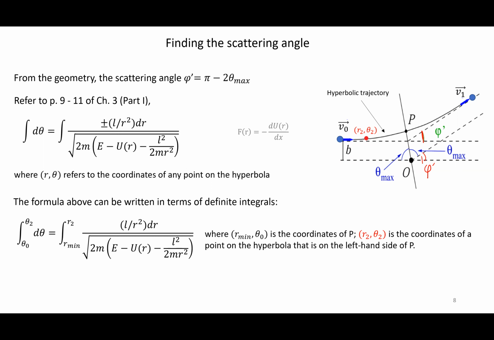For the lower limit, I pick this r min and theta naught.